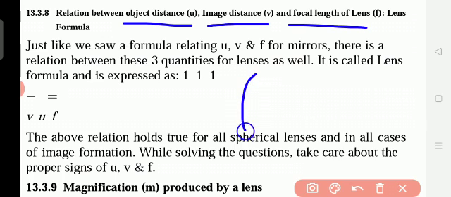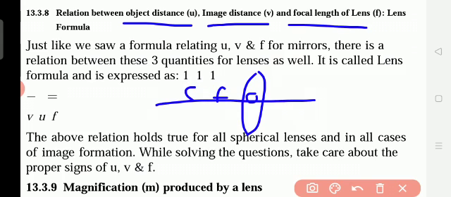For example, we take a convex lens. This is the principal axis, the optical center, focal points F1 and F2, and centers of curvature C1 and C2. For example, the object is here, the real candle, so the candle is here.